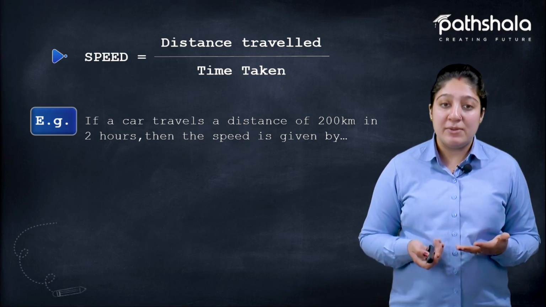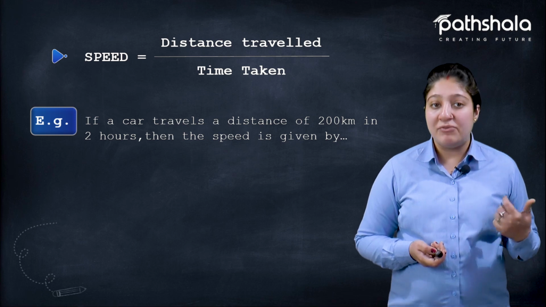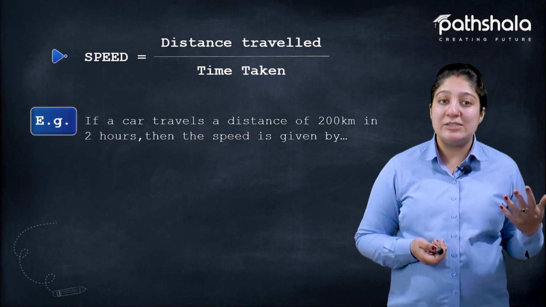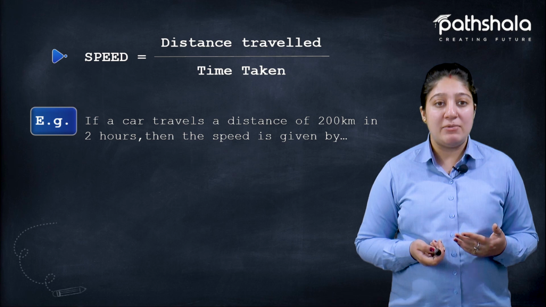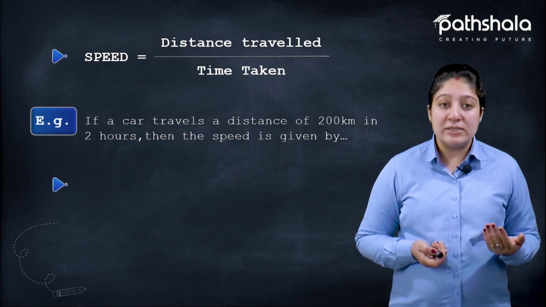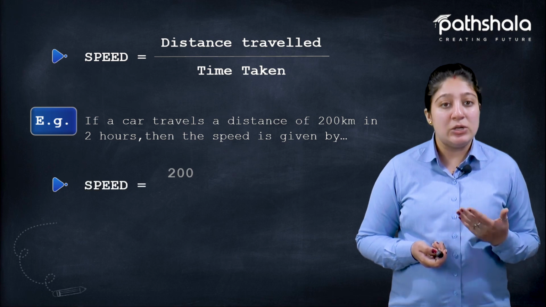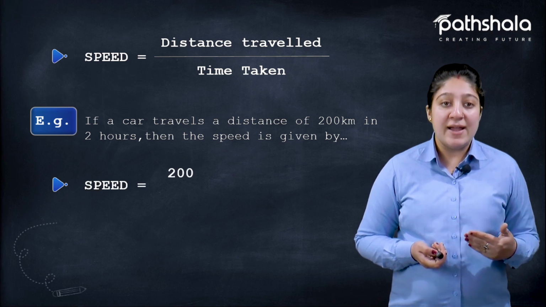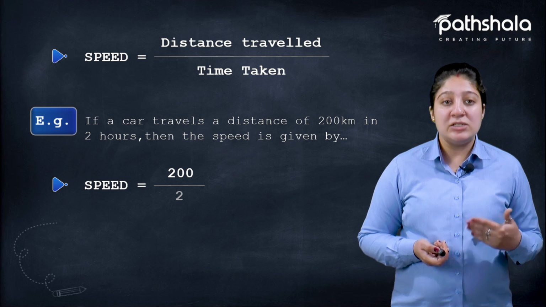First we write the formula, speed is equal to distance traveled by time taken. Then we put the values: speed is equal to 200 km divided by 2 hours.